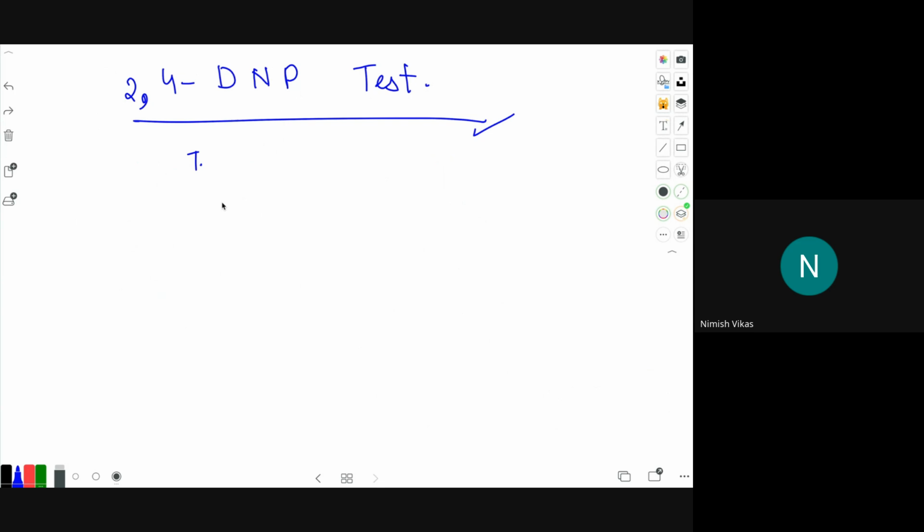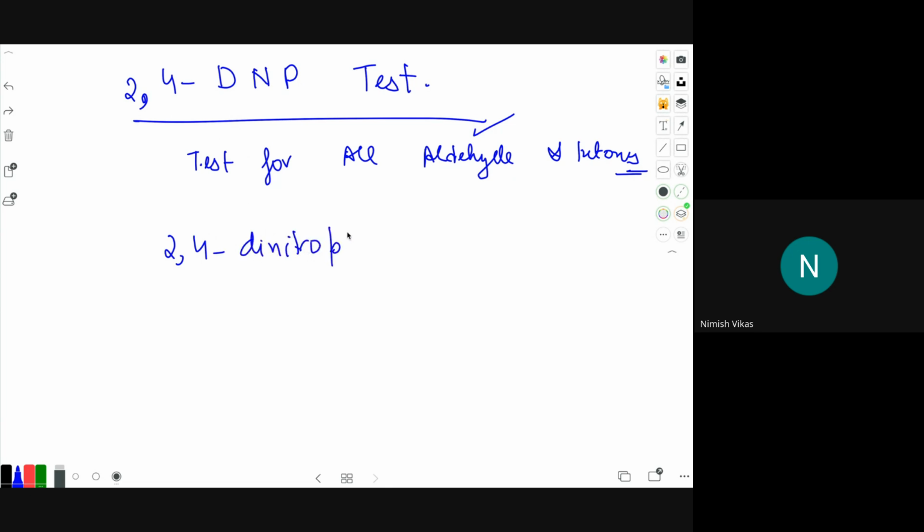Test is given by all aldehydes and ketones. Okay, imagine this is there. And how does 2,4 DNP look like? What is the full form? 2,4 dinitrophenylhydrazine.